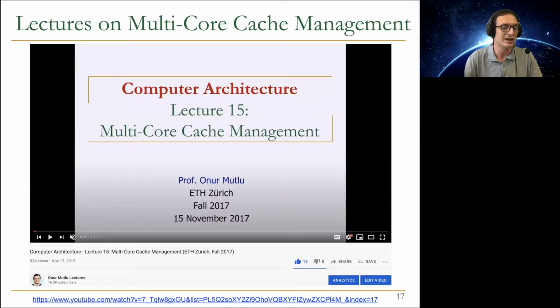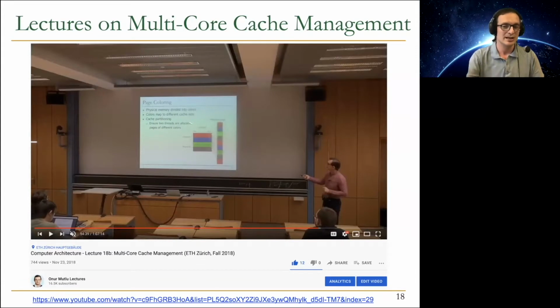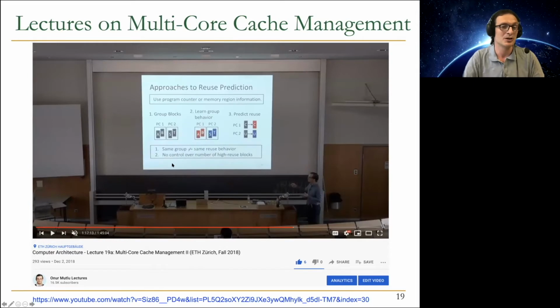And there are a lot more issues that we said we're not going to talk about. These are left for future, like master's level classes or seminar level classes, where we discuss a lot of interesting issues on cache management in multi-core systems or heterogeneous systems, different approaches like software versus hardware approaches, and also different ways of managing the cache, like better predicting reuse, different methods of predicting better what will be reused, what will be needed in the future, or what you should compress and what you should not compress so that you can better manage the cache space.